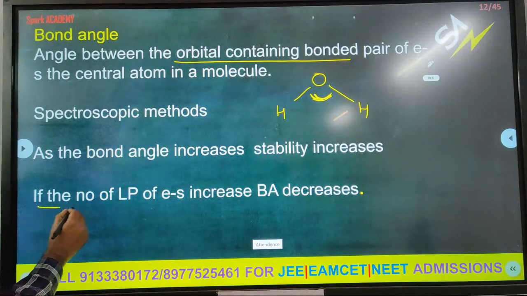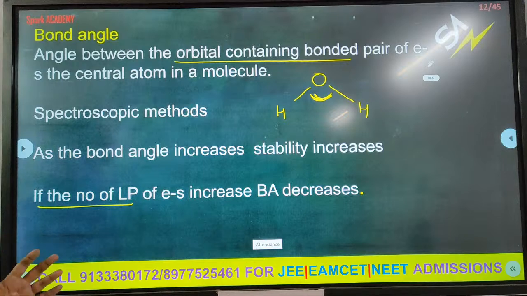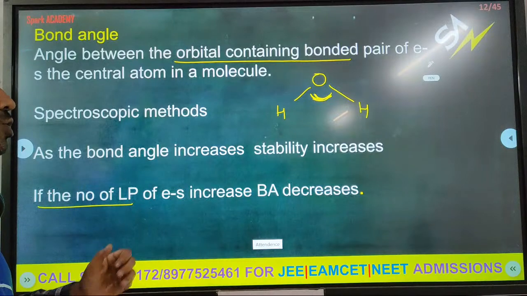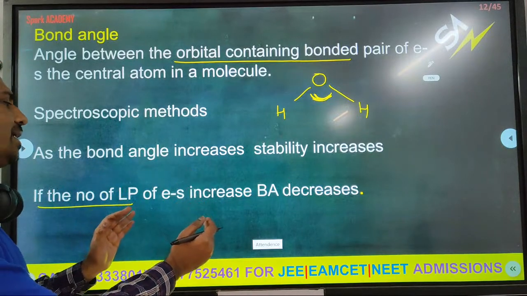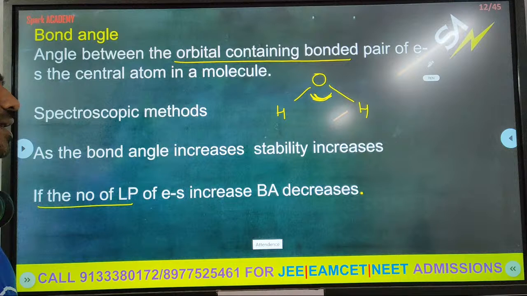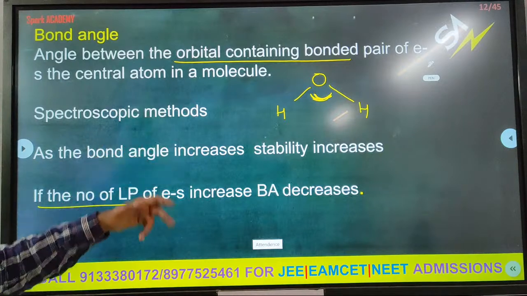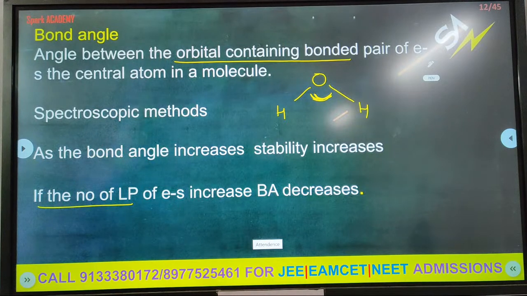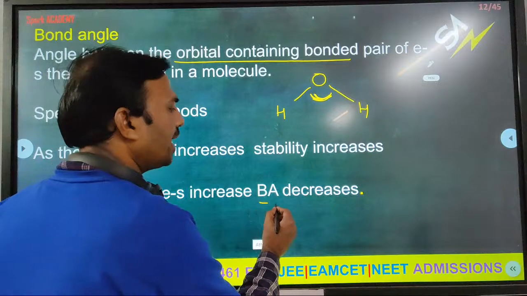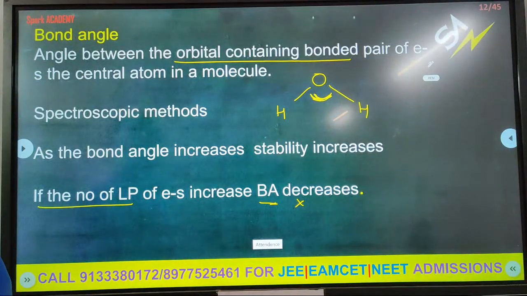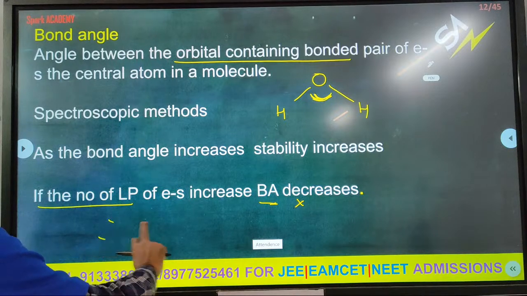If the number of lone pairs increases, for example, the first molecule contains 1 lone pair and the second molecule contains 2 lone pairs, then the bond angle does not increase, it decreases. So bond angle here decreases.